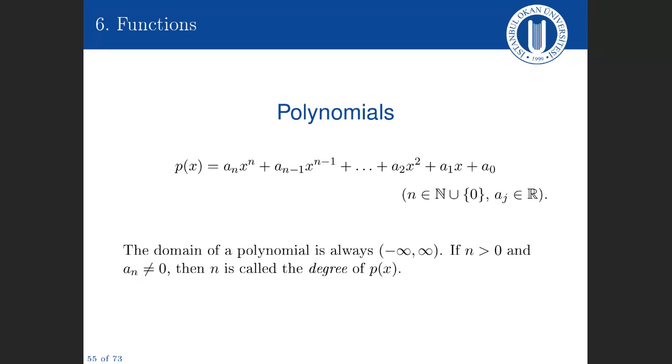Functions like this are called polynomials. There's a number, a n, and then a power function plus number, power function plus number, power functions, etc. The domain of a polynomial, by which I mean the biggest possible domain of a polynomial, is always the whole real line.